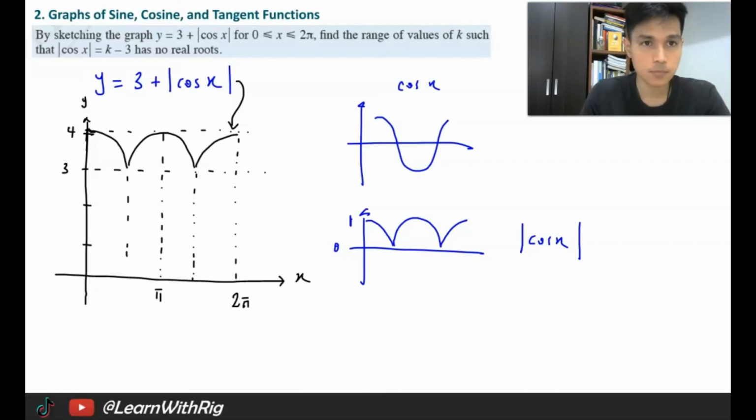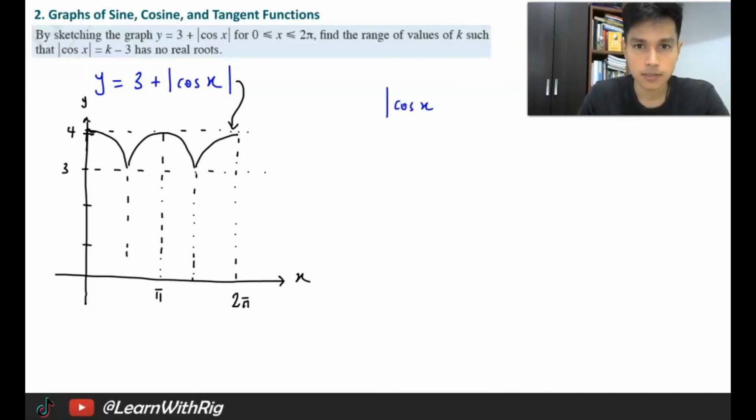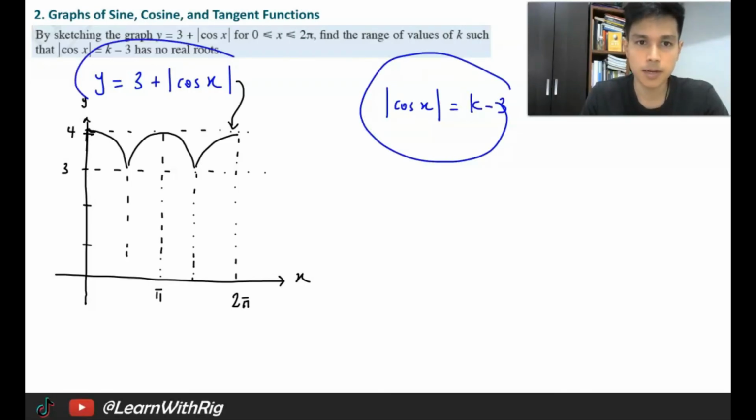Now we have to find the other graph, because they gave you the equation there. They asked you to find the value of k. The equation they gave you is modulus cos x equals k minus 3. How can we change this equation to look like this?